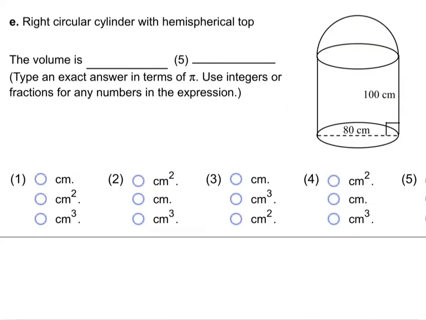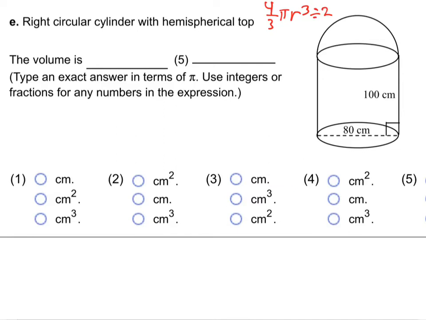E. Right circular cylinder with a hemispherical top. So here we go again with the shape that has a half dome at the top. So we're going to say we have the top. The top is a sphere. So that's going to be 4/3 pi r cubed divided by 2.